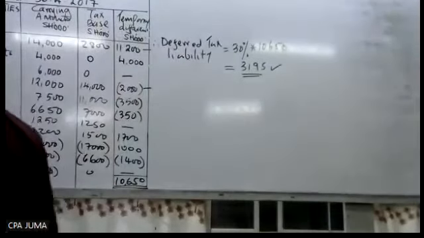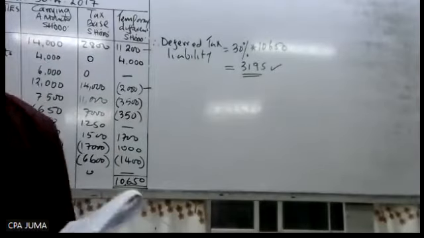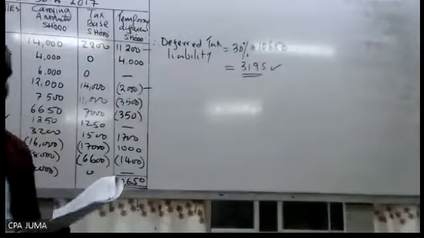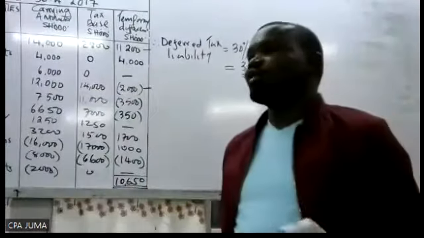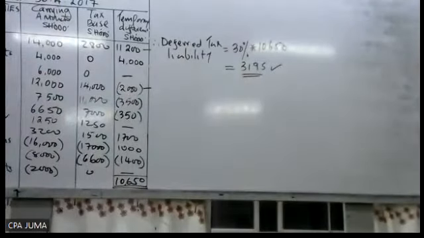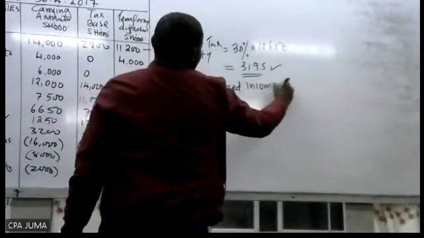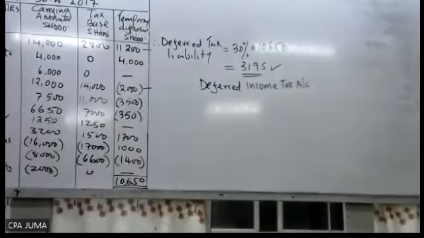Go to Roman 2 of the question. Roman 2, they want the deferred income tax account.